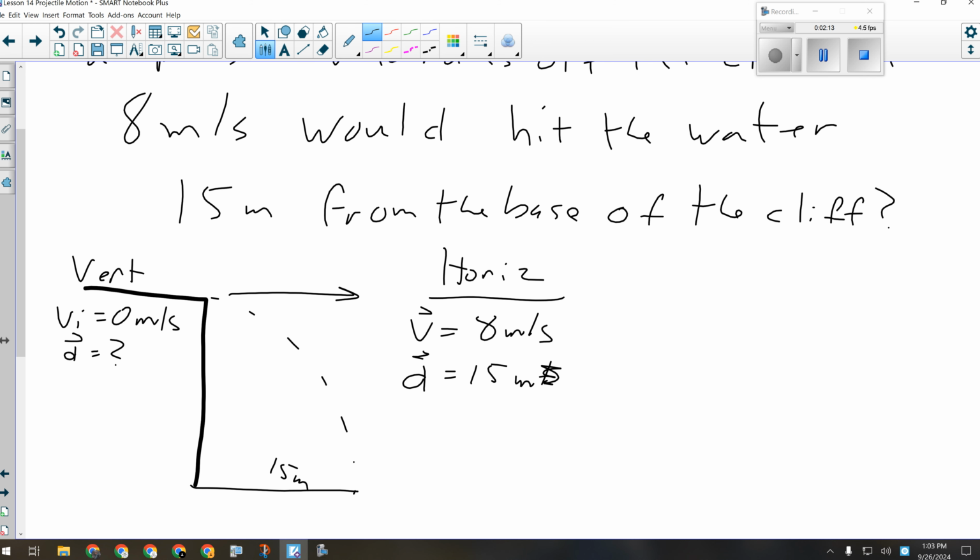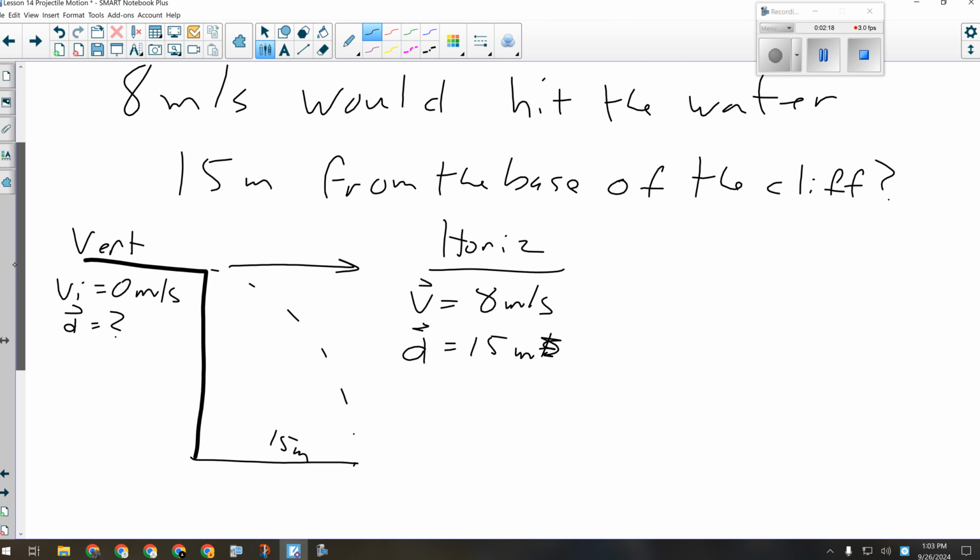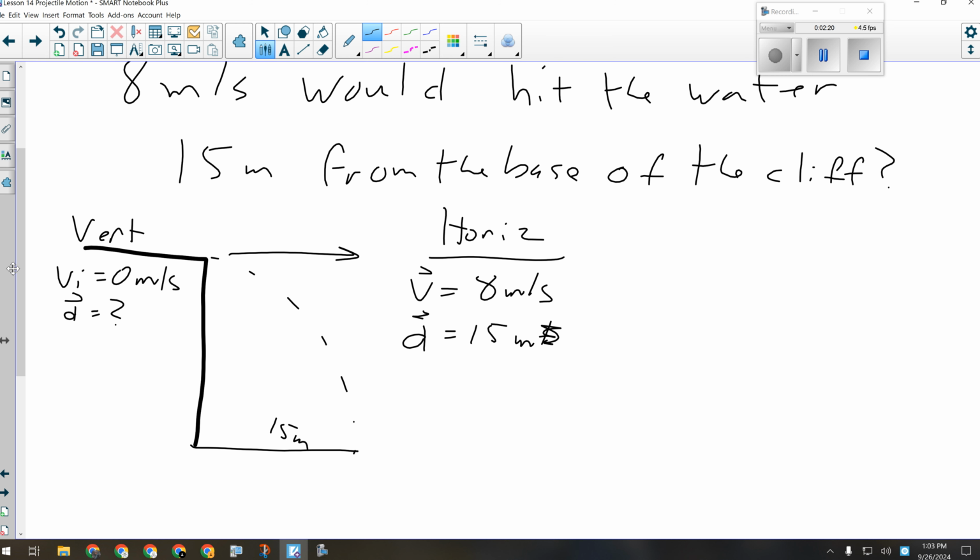So we are looking for the height of the cliff. Do we have any other vertical information we can write in there right now? What else do we know vertically, guys? Acceleration due to gravity. If I want to find the height of the cliff, I need at least one more piece of information vertically.